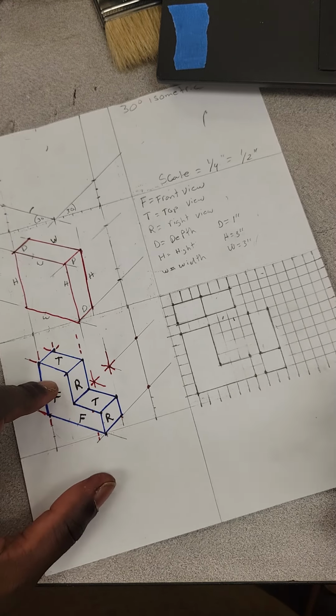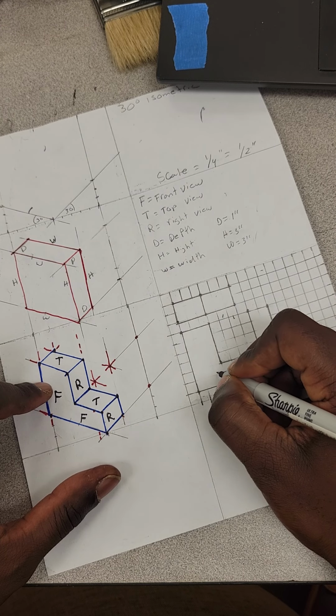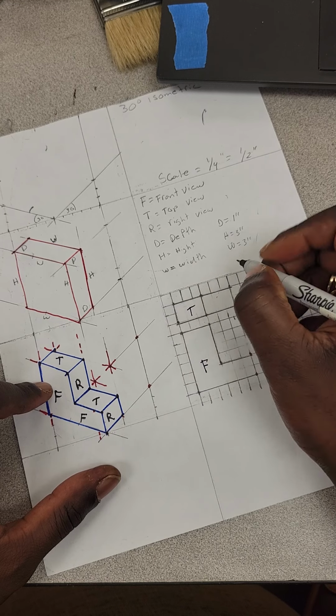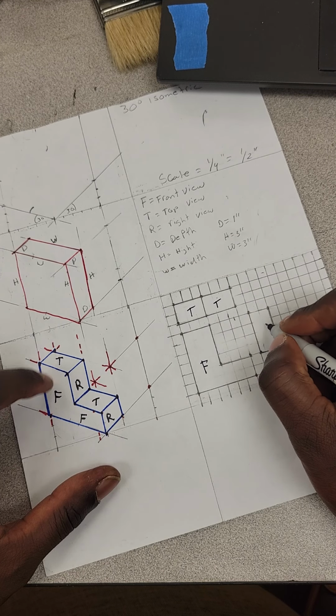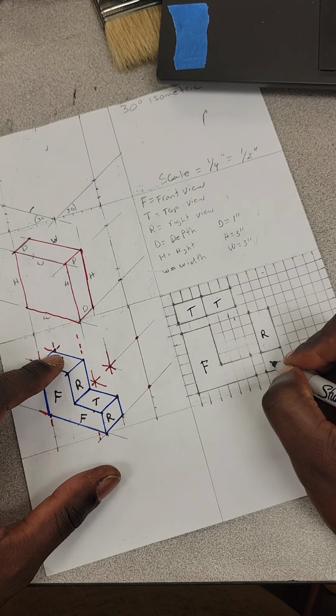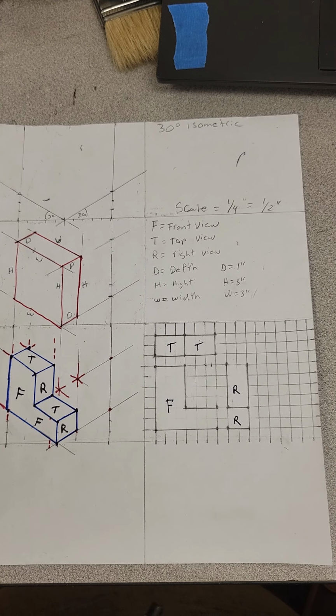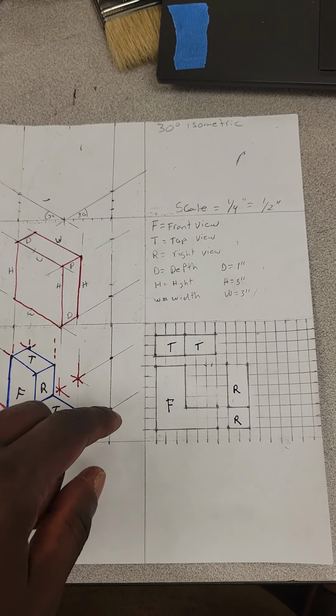So now you understand. So again, we put an F here. You're gonna put T. You're gonna put R and R. That's our right view. And this is how you use grid to indicate this.